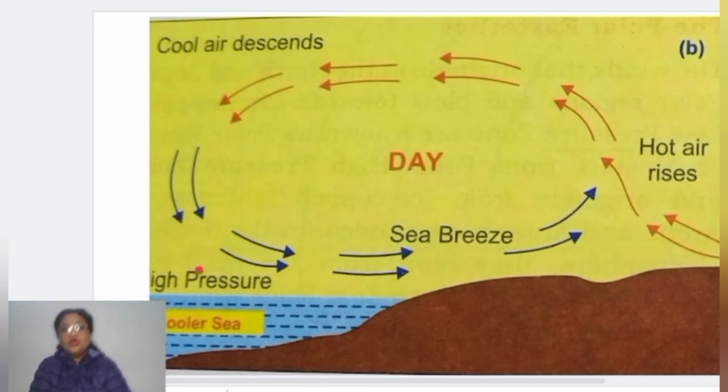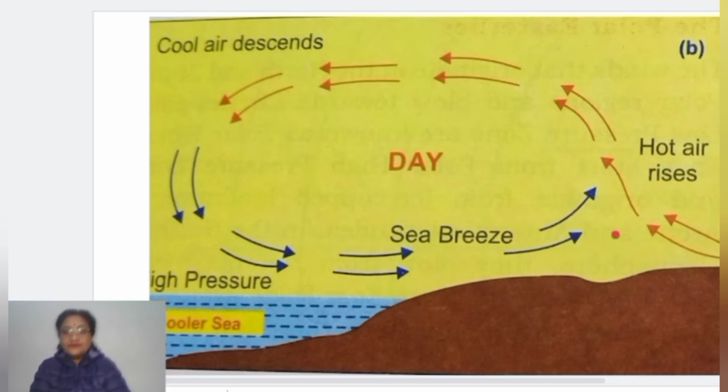And as we know, winds blow from high pressure towards the low pressure area. So in this case the winds are going to blow from the cooler sea, the high pressure area over the sea, towards the low pressure area over the land.